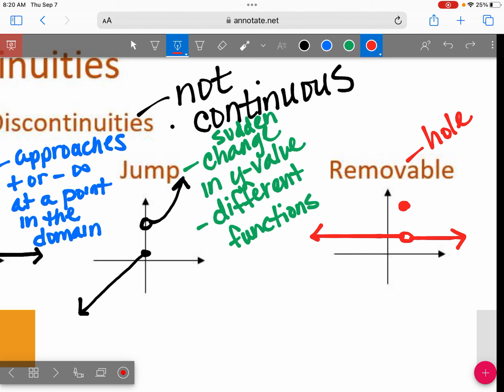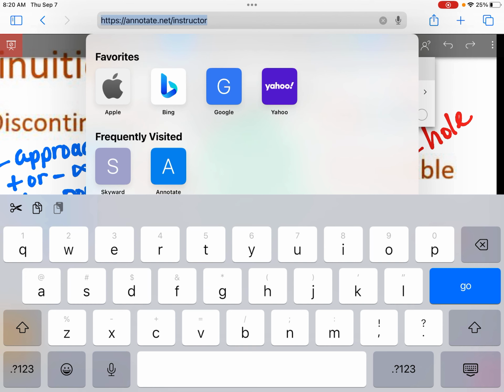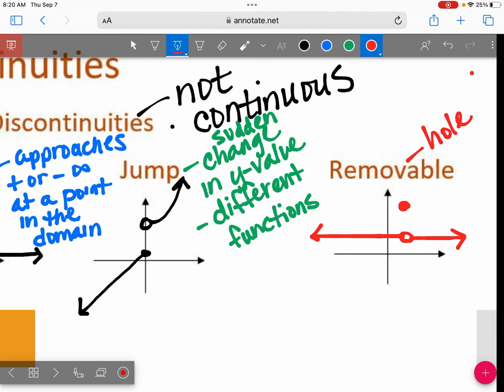A closed circle is not a hole, right? So at this point, if this was x equals 1, I'm saying that at x equals 1, y is whatever this point is.